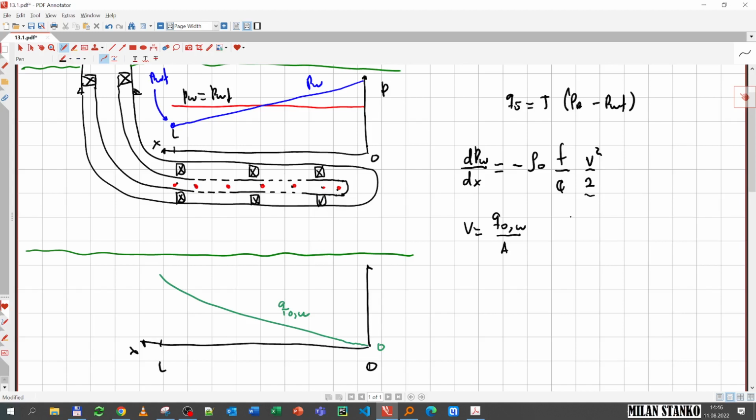But with the IPRs, we don't work with the local volumetric rate. We work with the standard conditions rate. So this could be the standard conditions rate at any position in the wellbore, a function of X. And this times the BO, at any position, is going to be equal to that local rate.